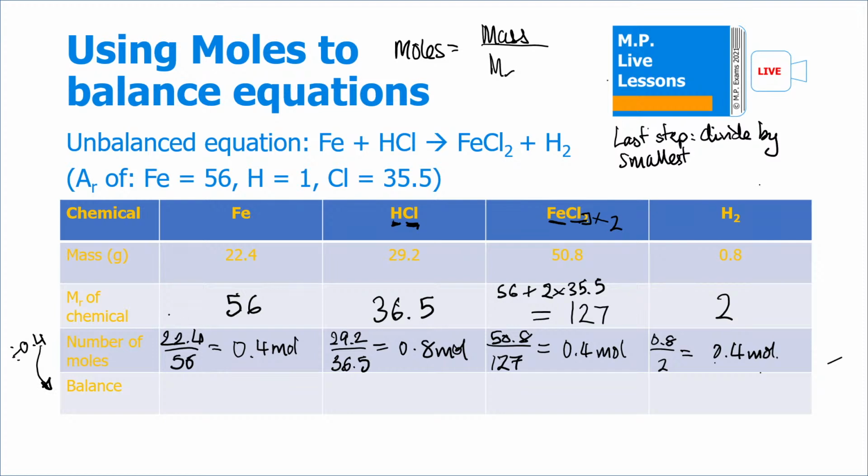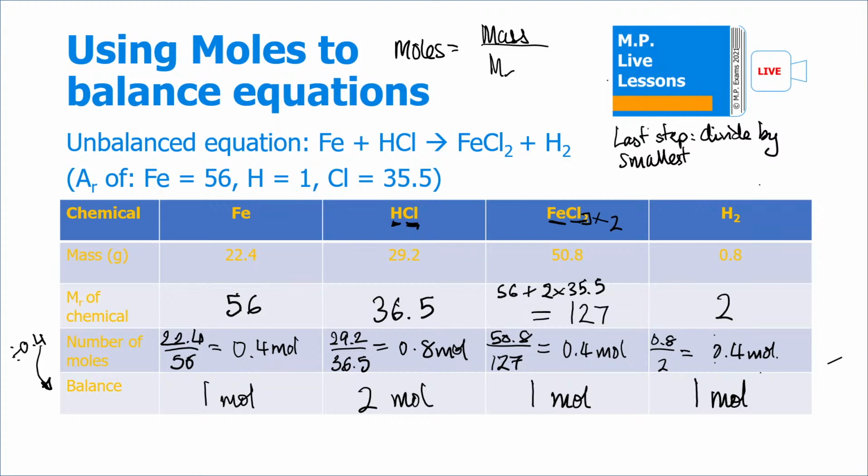So we have 1 mole of iron. Then we get 2 moles of hydrochloric acid, 1 mole of iron chloride, and finally 1 mole of hydrogen gas.